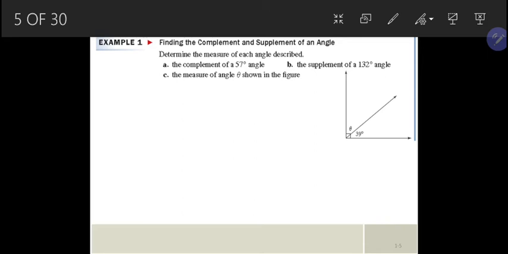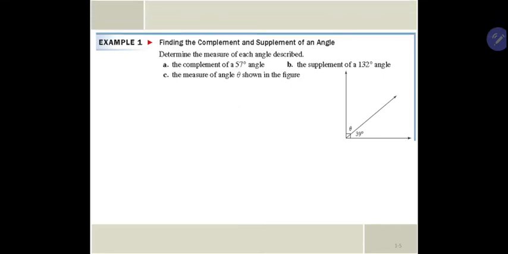Let's read this question. This question says, determine the measure of each angle described. So A part is the complement of a 57-degree angle. We know for the complementary angles, two angles add up to 90 degrees. So you already have a 57 and you want to find the complement of this.